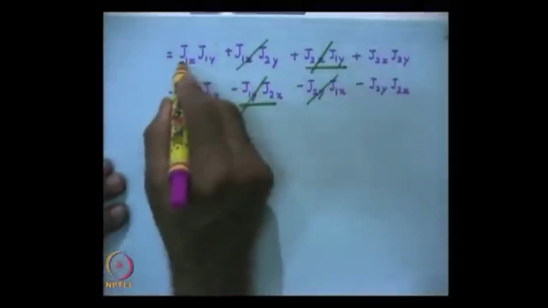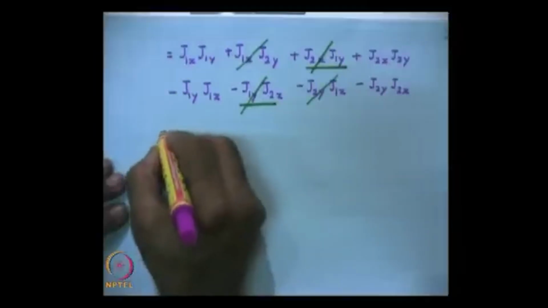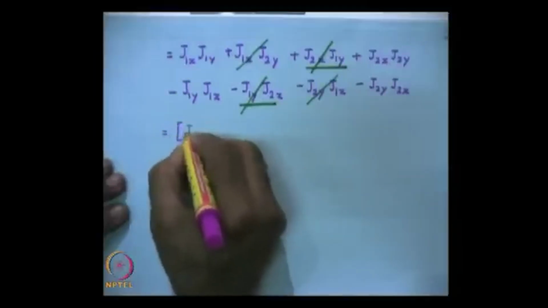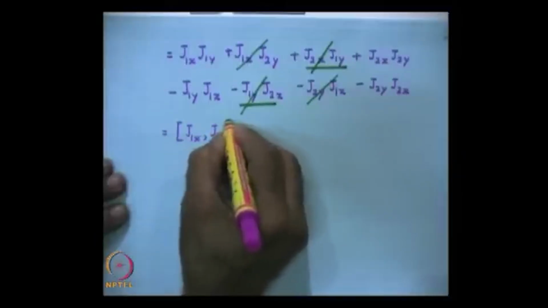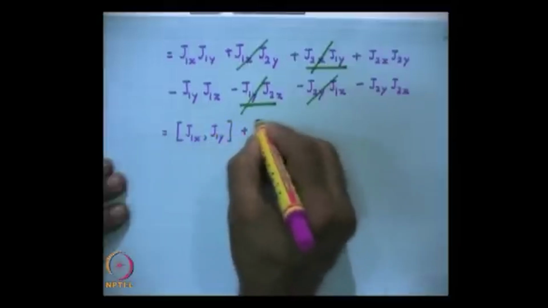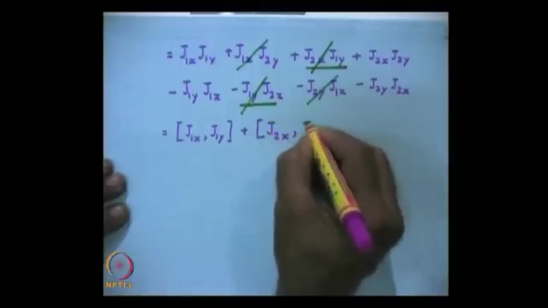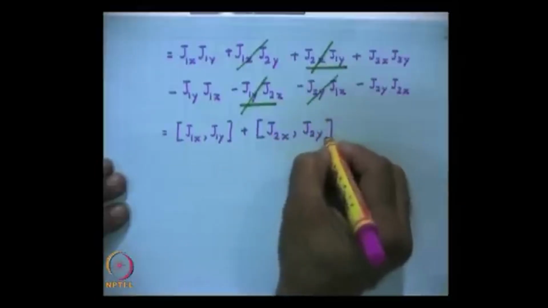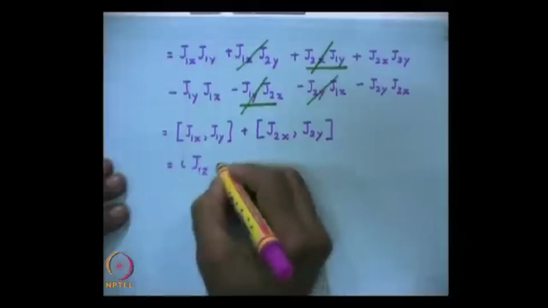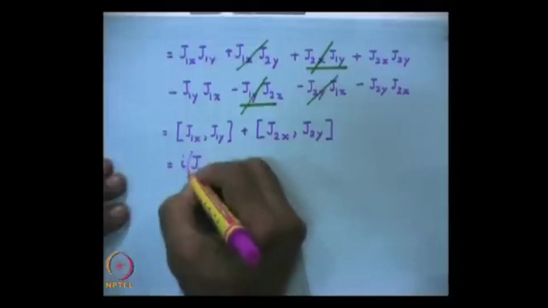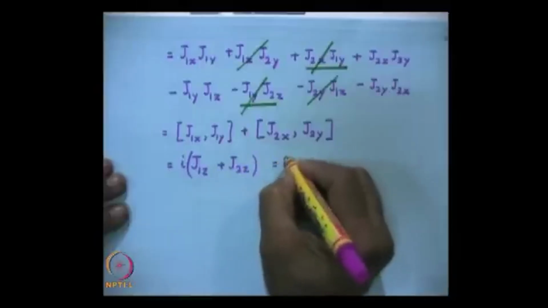So, this J1xJ1y minus J1yJ1x is the commutator of J1x comma J1y, plus the commutator of J2x comma J2y. So, this is i J1z plus i J2z. So, this is i Jz.